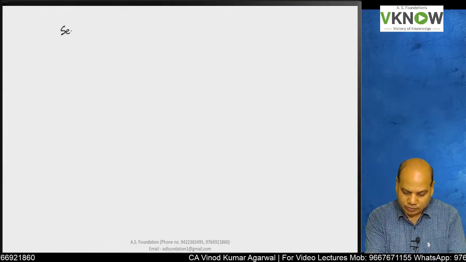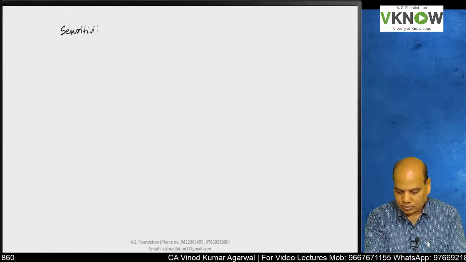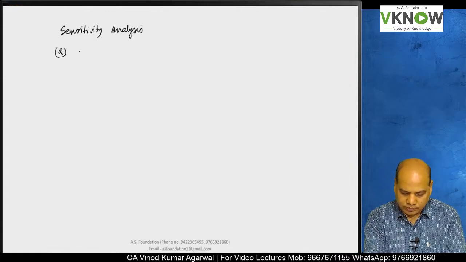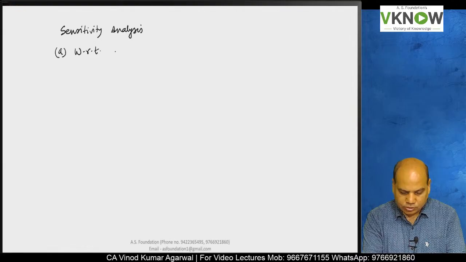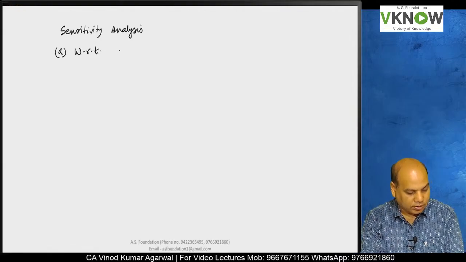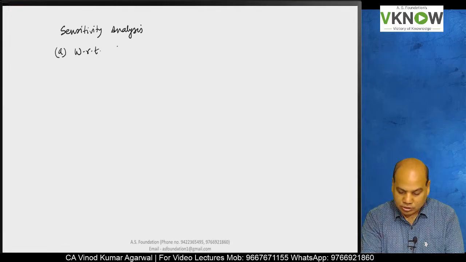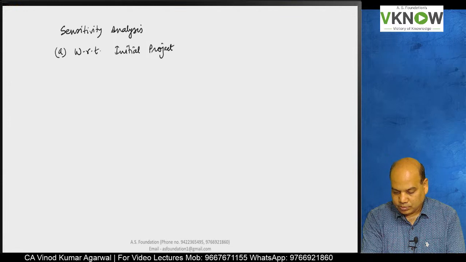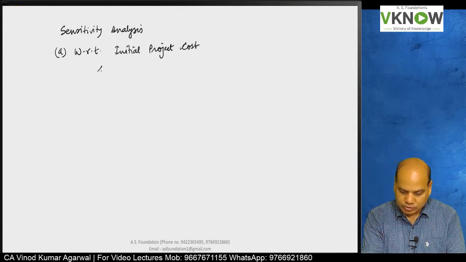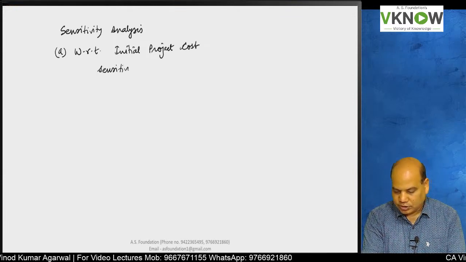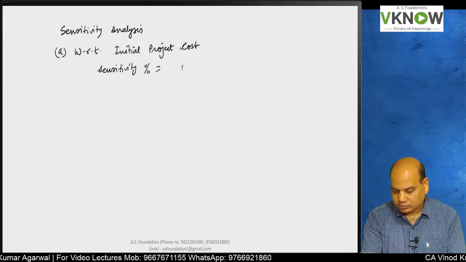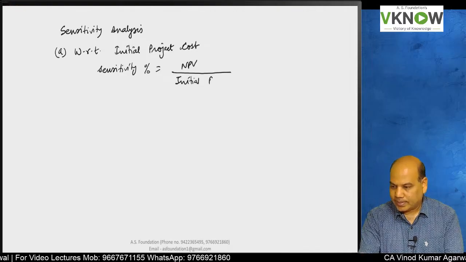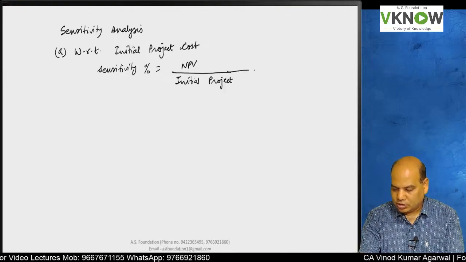Write down sensitivity analysis. A, with respect to first item, is initial project cost. With respect to initial project cost, write down sensitivity percentage equal to NPV divided by initial project cost.